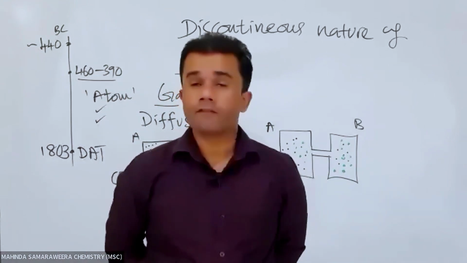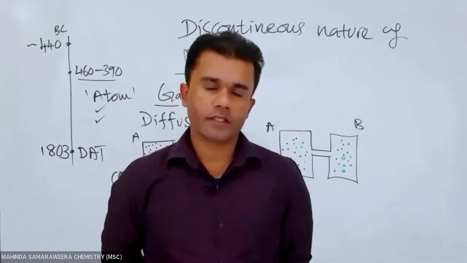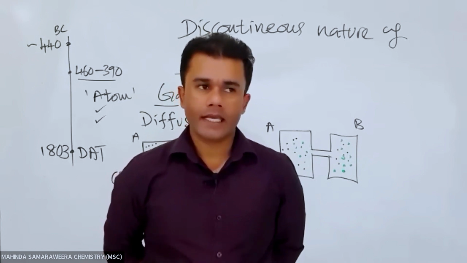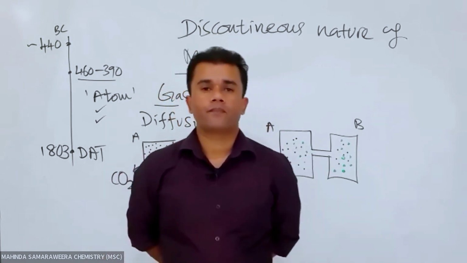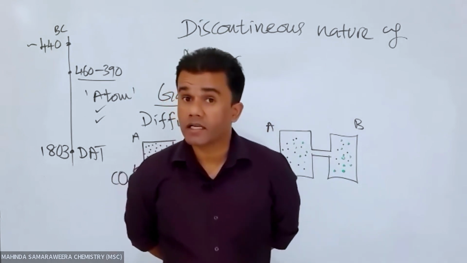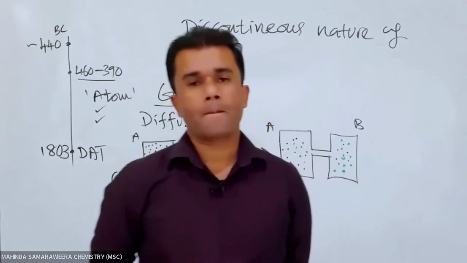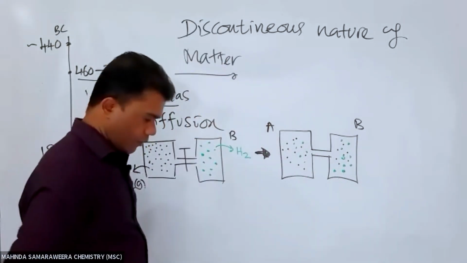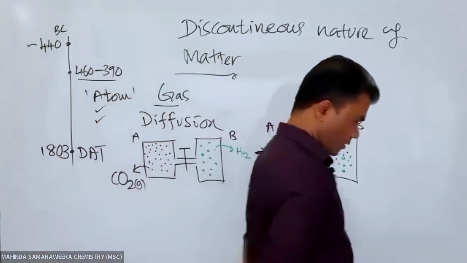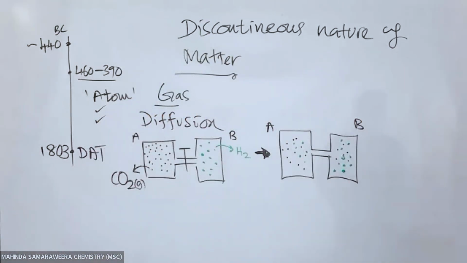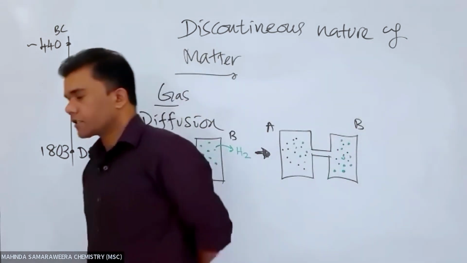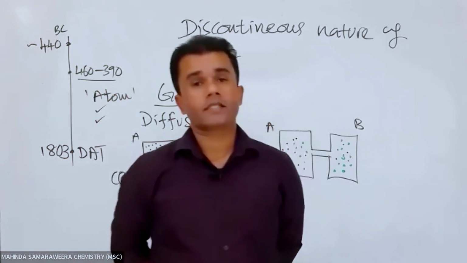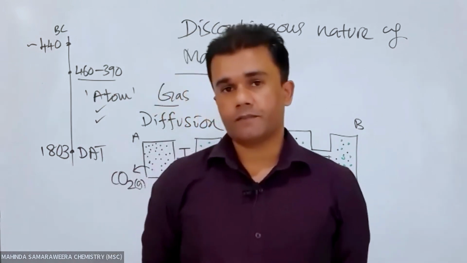Vessel A is filled with carbon dioxide gas with high concentration. If I am too fast, let me know. If you can't catch the note, let me know and I can repeat it.